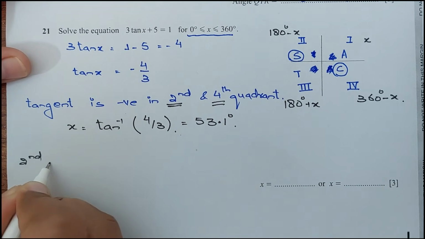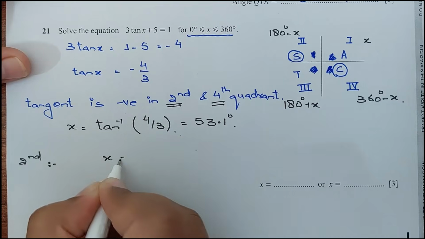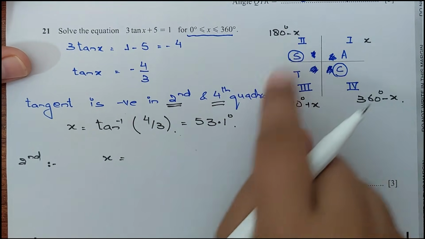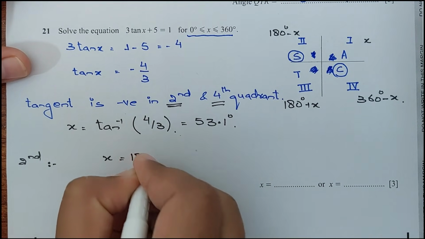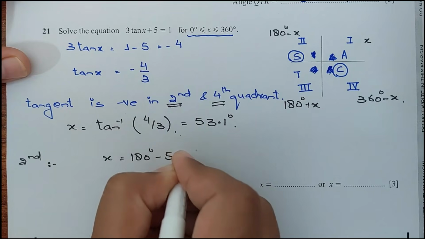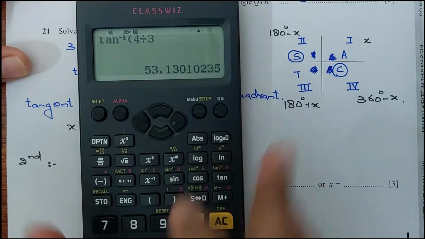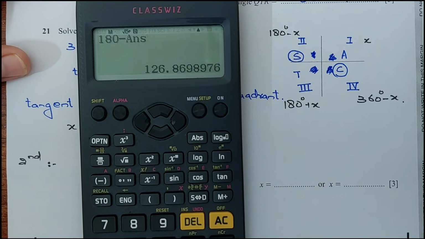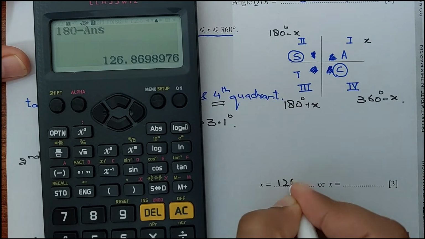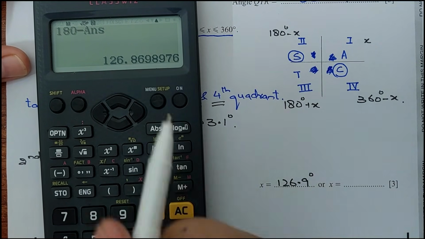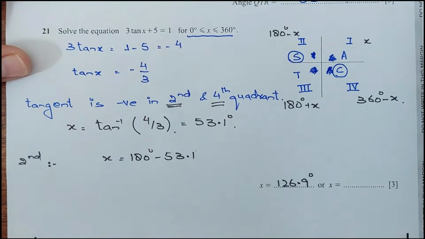Now for the second quadrant, how can we get the x value? The x value is 180 minus that answer. So 180 degrees minus 53.1 is 126.9 degrees. The next one is the fourth quadrant.